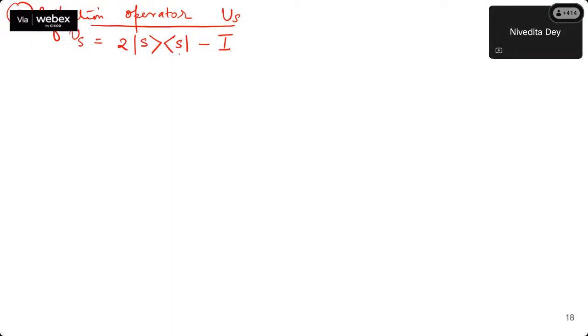Now, why is it called a reflection operator? Because suppose we let US work on an arbitrary quantum state, ket psi.